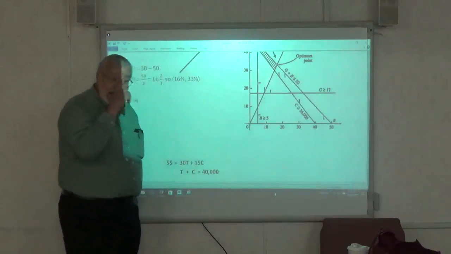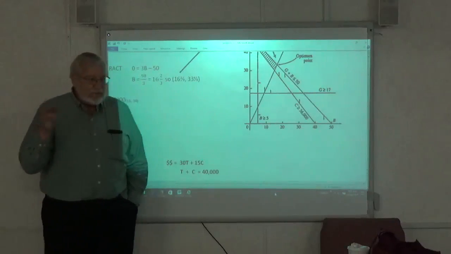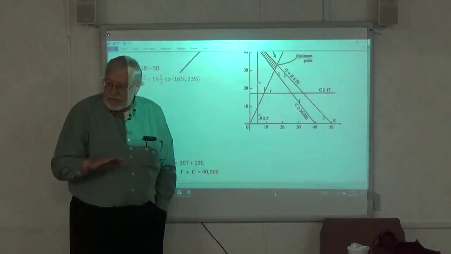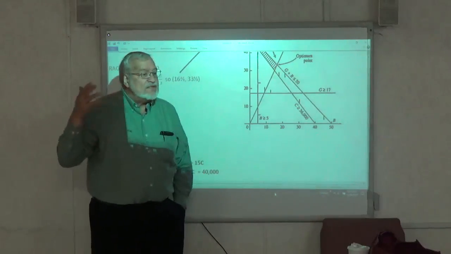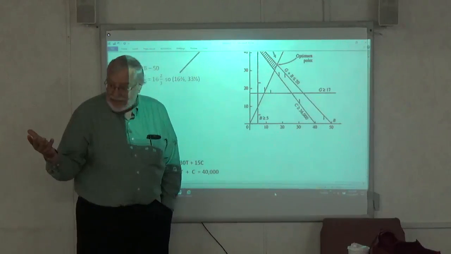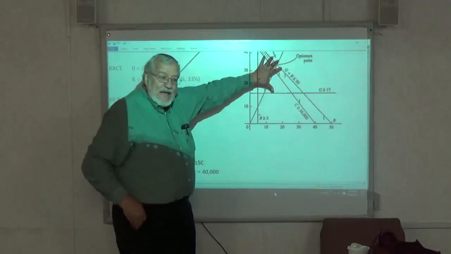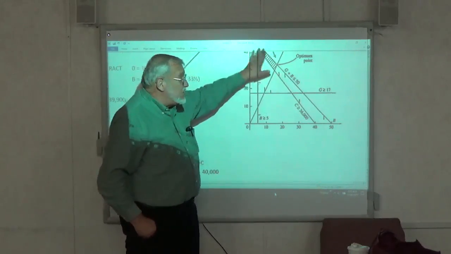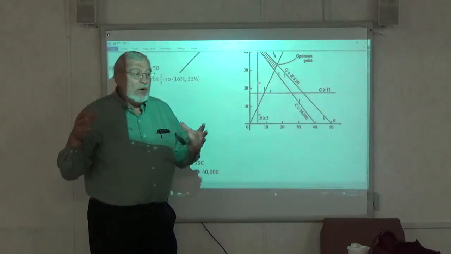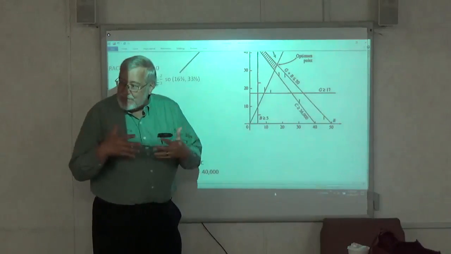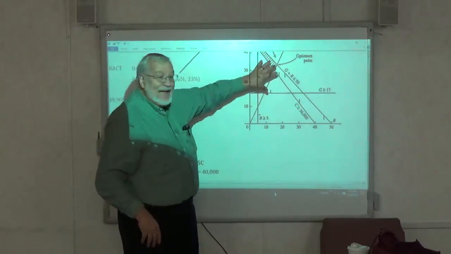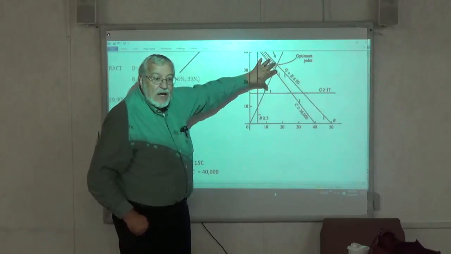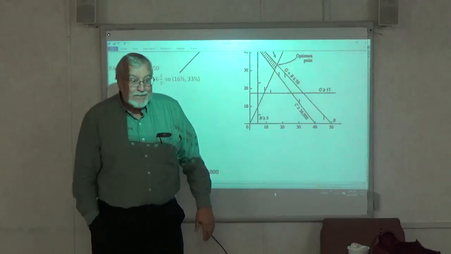So if he's planning, he needs to know one of two things. He needs to know what's the minimum amount that I need, and what's the maximum amount that I'm going to spend. Right? So this is actually a business model. And these equations are assumptions that the businessman uses, and then he analyzes his financial needs based on mathematics.